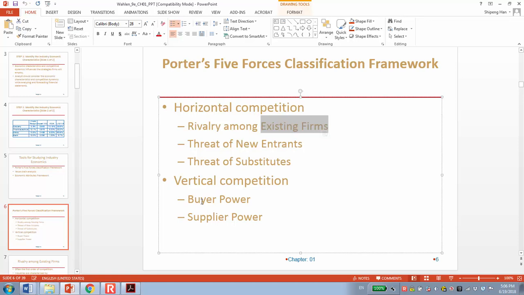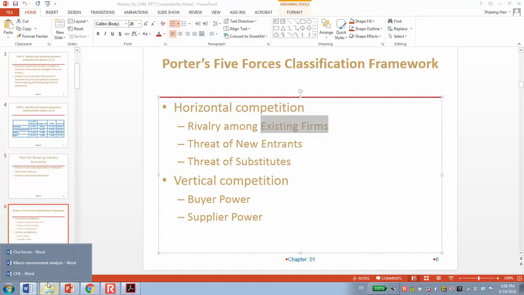So whether the buyers have bargaining power, a strong bargaining power, so who can control the selling price, right? Who can decide or set the price? Suppliers, because whether suppliers have bargaining power will determine your costs.